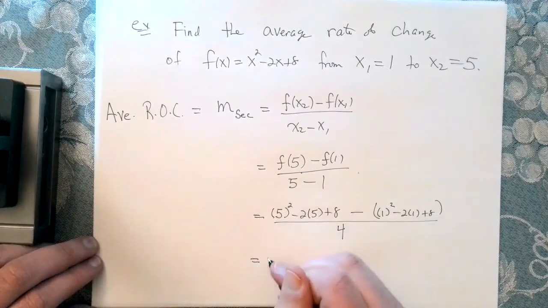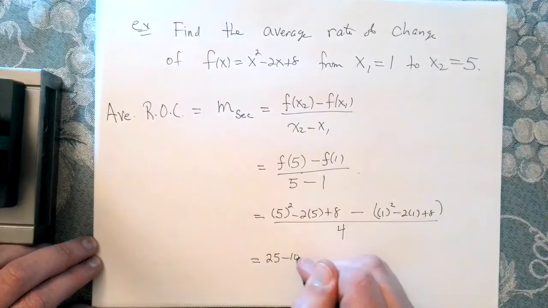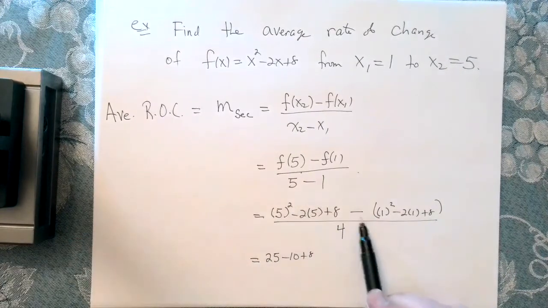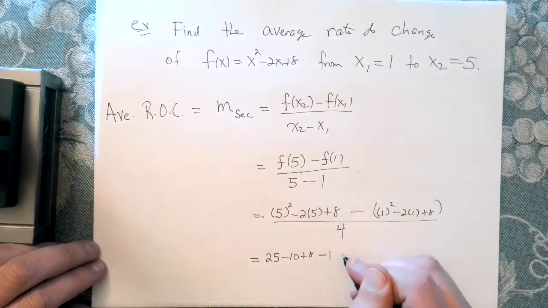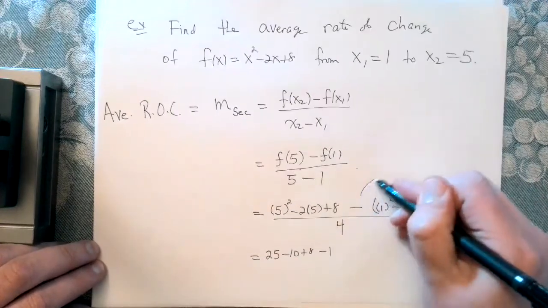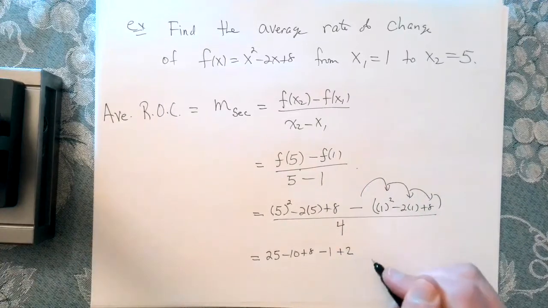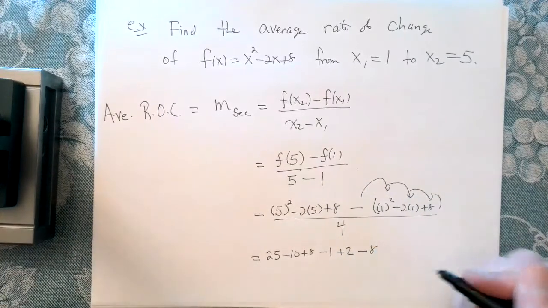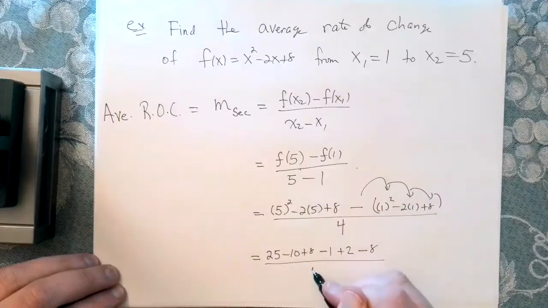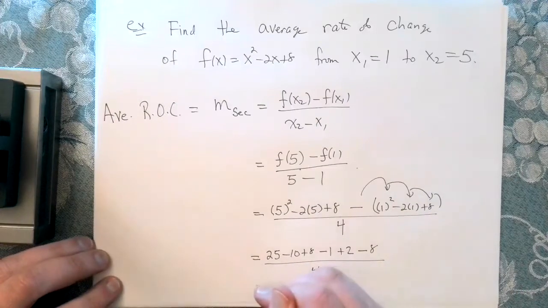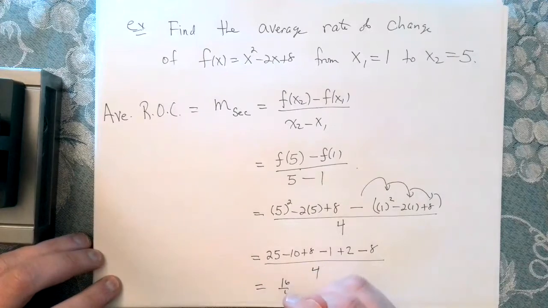So this looks like 25 minus 10 plus 8 when I compute. And that looks like minus 1, so just distributing the negative here, so plus 2 minus 8, all over 4. But that looks like 16/4.